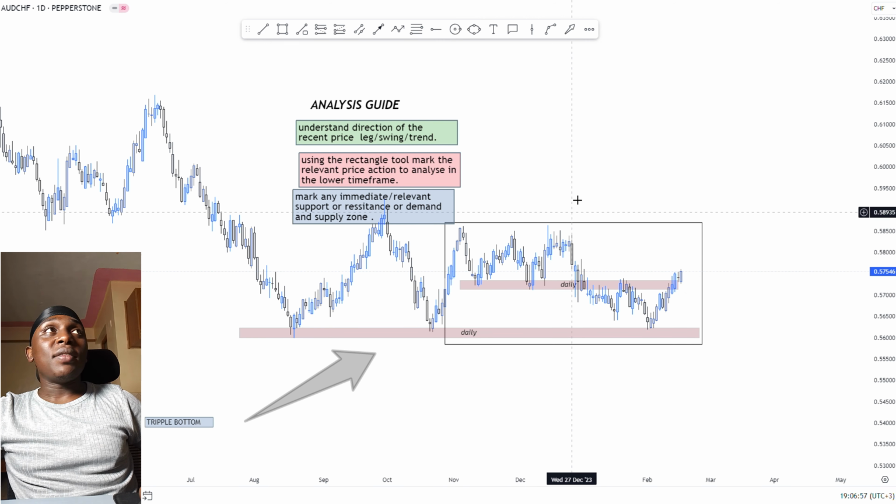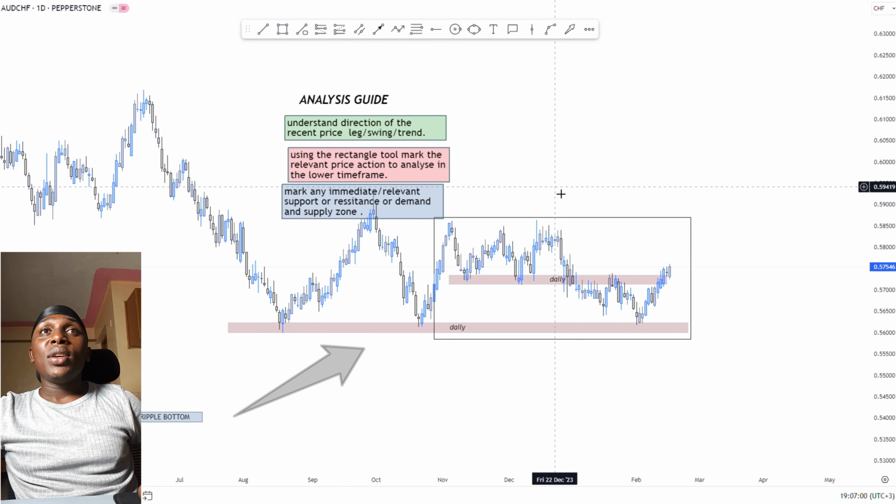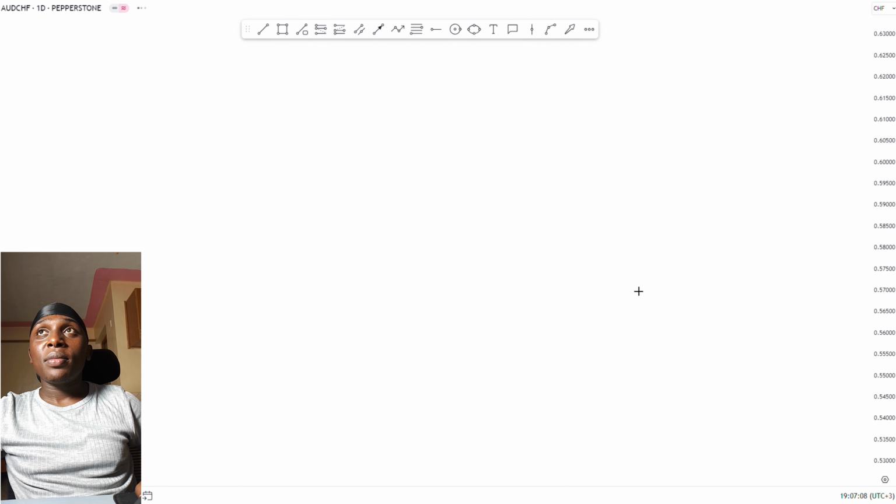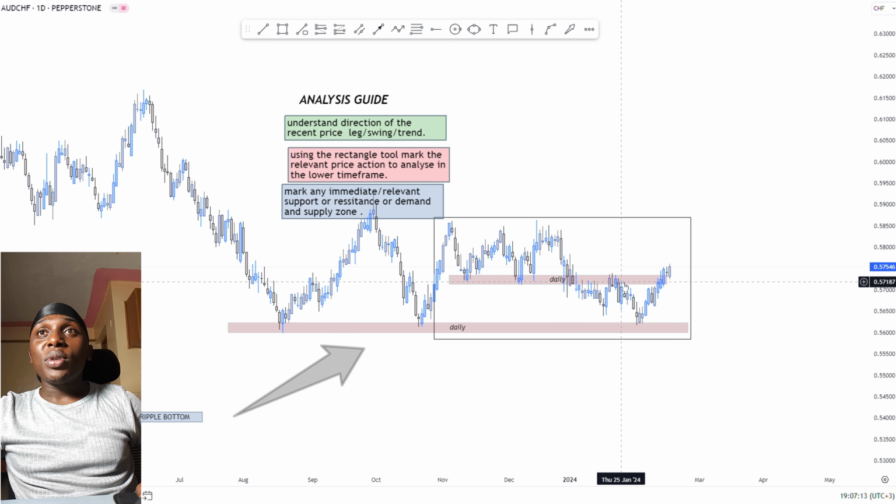On the daily time frame, you can see very well that we have a nice support right here, which turned to a resistance zone. After turning to a resistance zone, the recent price leg has broken the zone and the daily candle has closed above it. So that's all you can see on the daily time frame.